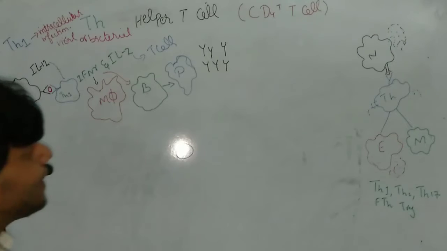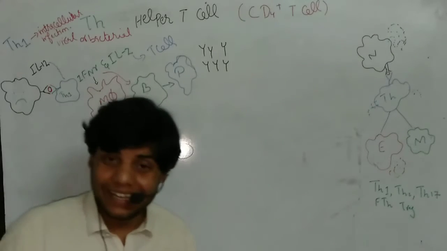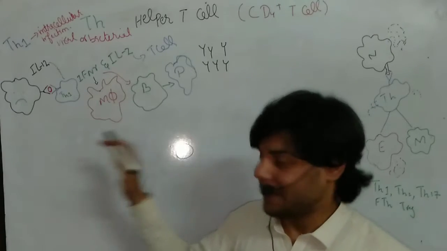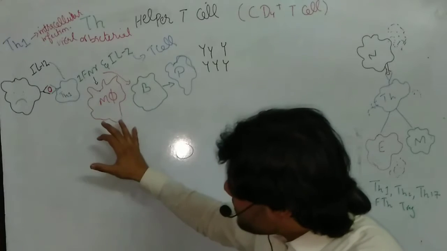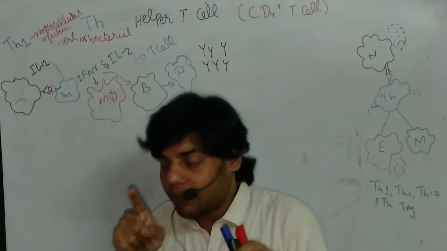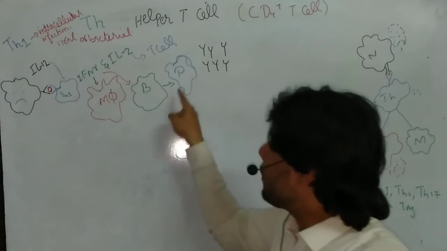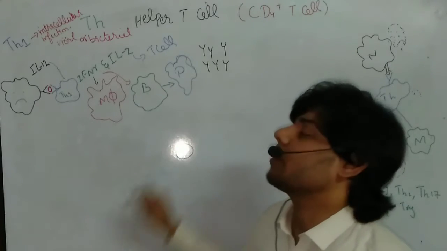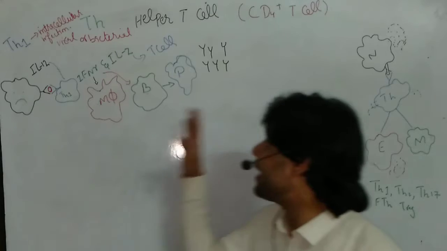Now these antibodies are against the infection, means bacterial infection. So if the macrophage fails to engulf the bacteria, this interferon gamma will activate the B cell, convert it into a plasma cell, which will secrete antibody.